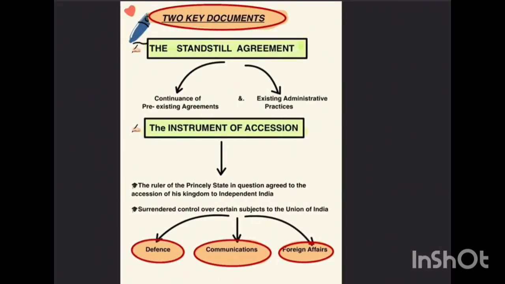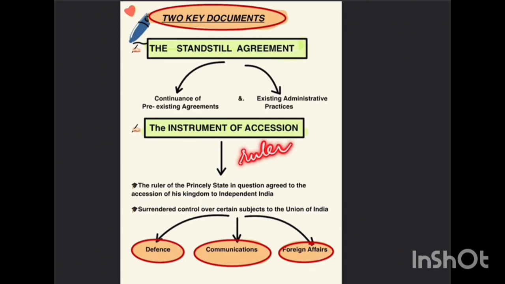After having understood this, let's take a quick glance at the two major documents that were critical to the entire accession process. Number one is the standstill agreement, which allowed for the continuance of the pre-existing agreements as well as administrative practices. The second, a successor to the standstill agreement, was the instrument of accession, which was critical in the accession of a particular princely state to the Union of India.